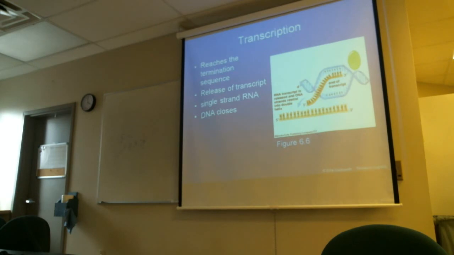That messenger RNA travels through a nuclear pore to get outside to the cytoplasm. Now remember, according to the chart that I put up on the board the other day, everything for that prokaryotic cell is happening in the cytoplasm as far as replication and transcription and translation go.